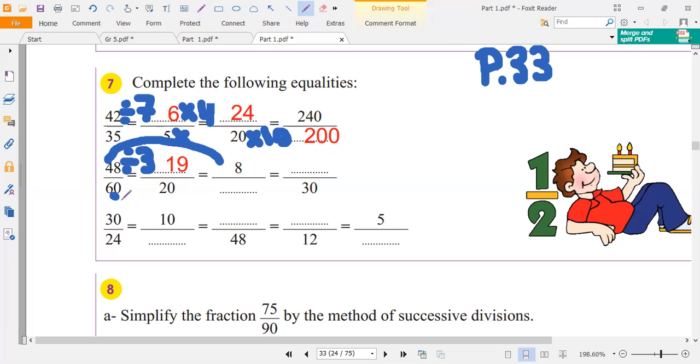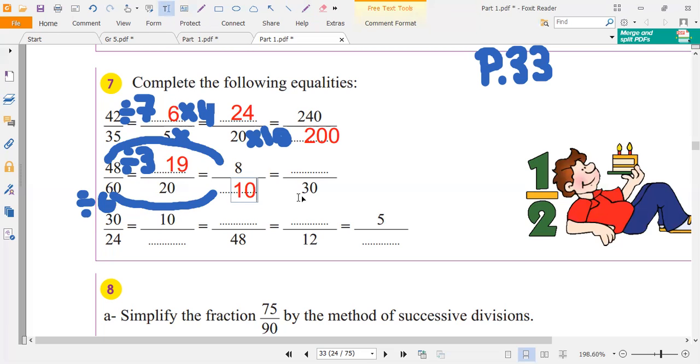So here we have to divide 60 by 6. We divide 60 by 6 and we get 10.